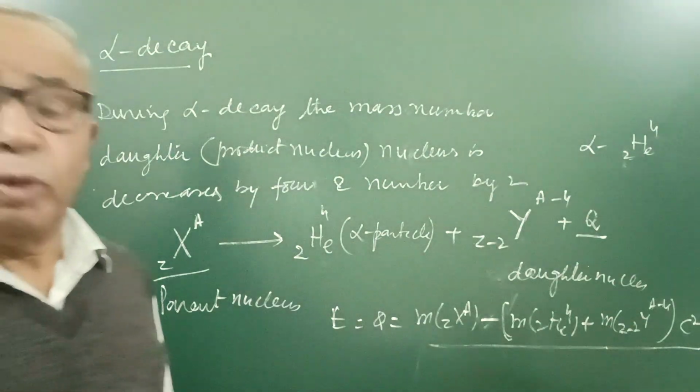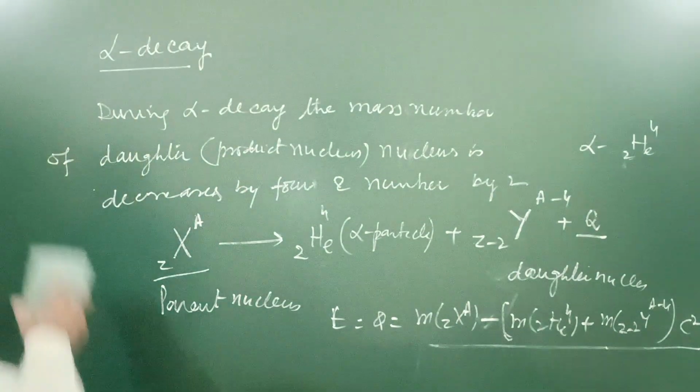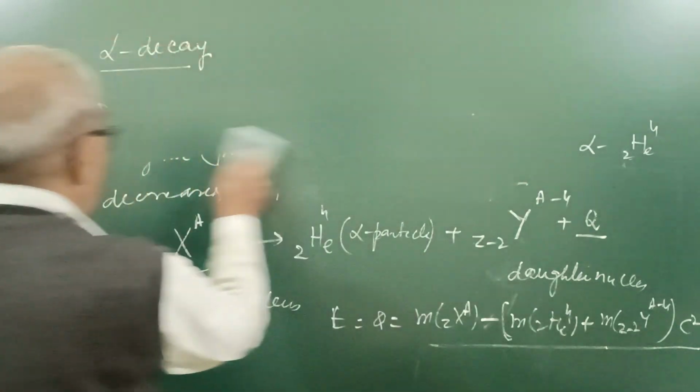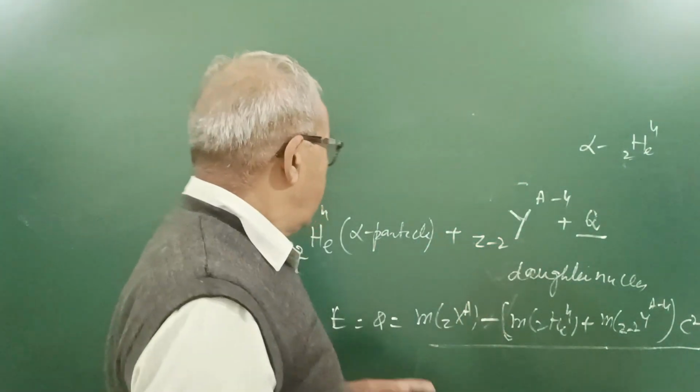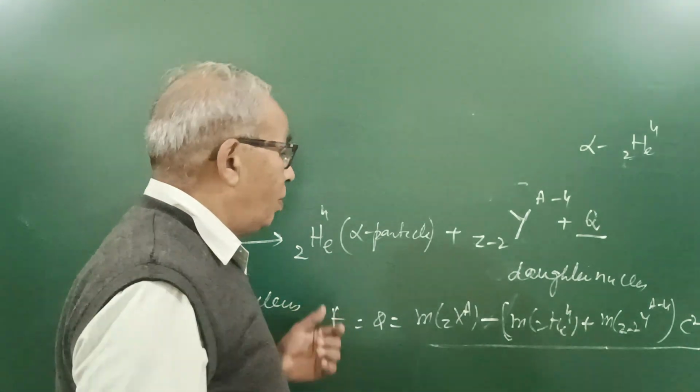This energy can be calculated, and by applying the law of energy conservation, the daughter nucleus is much heavier than the alpha particle.